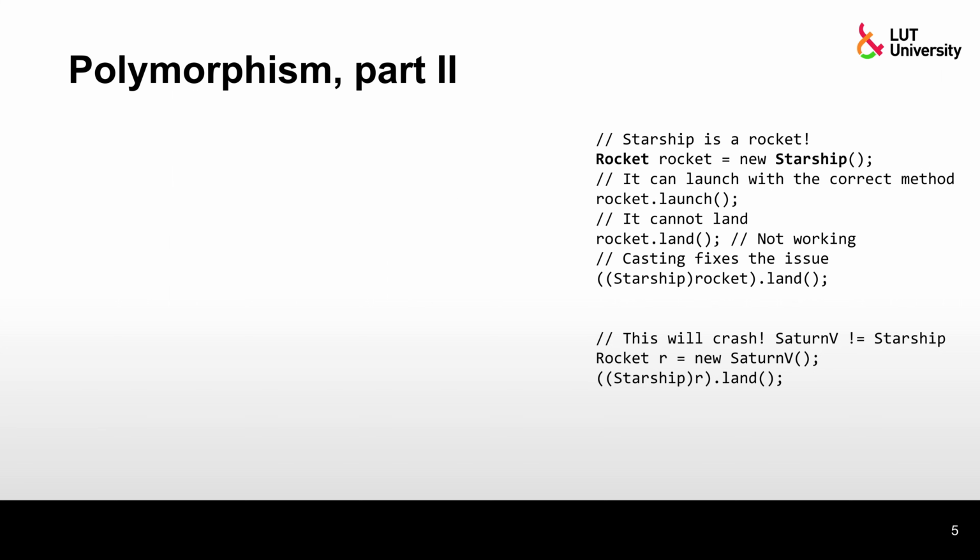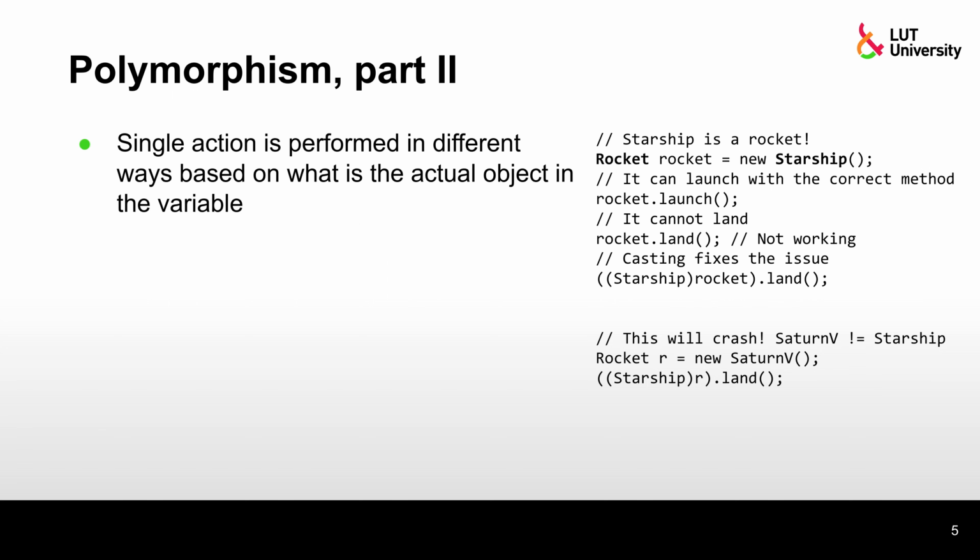Polymorphism part 2. A single action is performed in different ways based on what is the actual object in the variable. So here on the right we have a starship object that is created in a rocket reference.